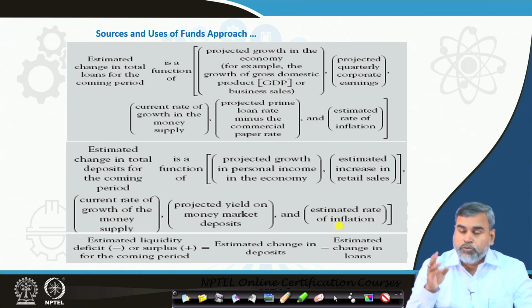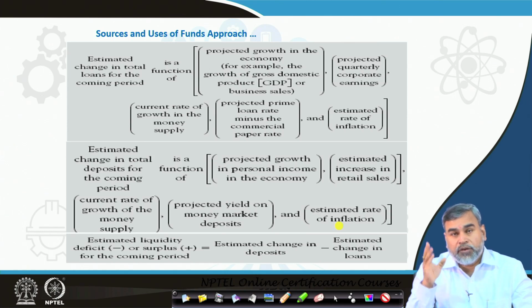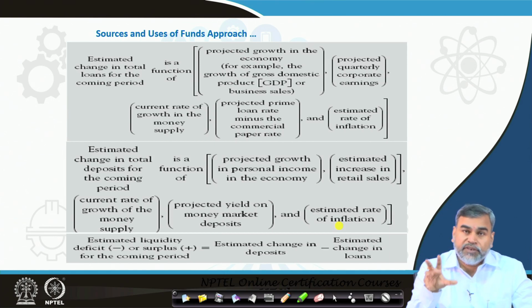So we have the business cycle, the monetary policy, the corporate earnings, the yield spread, and also the expected inflation. These are the tentative factors which are affecting the demand for loans, the estimated change in the loans.